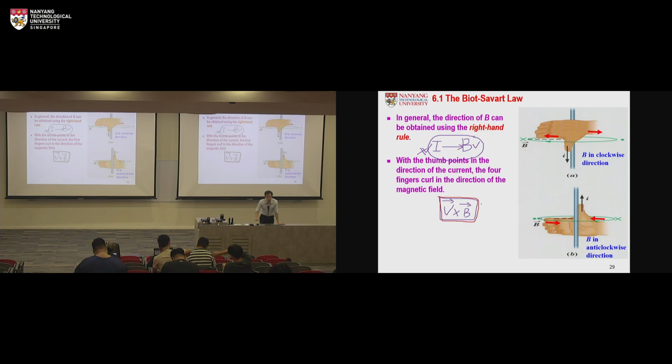You need to make sure you don't get confused. Again, these two: this is V cross B, and this is I will give you this kind of B. Of course, this I, whether V or L, is the same. Anyway, it's just the cross product of two vectors.